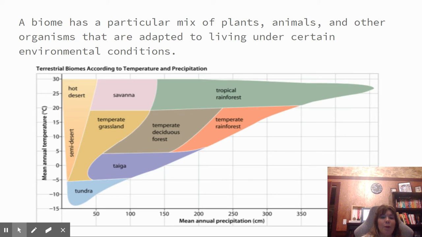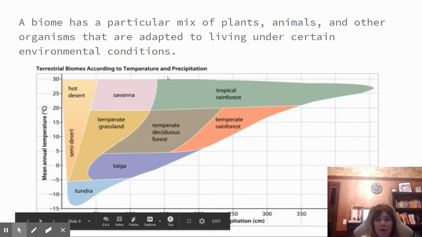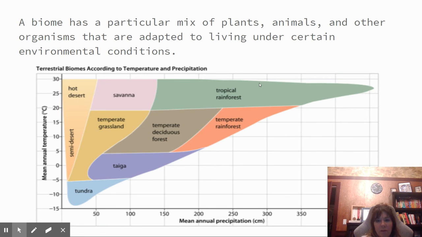How this works is the more rain that falls and the hotter it is, the more tropical rainforest you're going to see. You can see that here on the graph. Large amounts of water, very high temperatures. The tropical rainforest is a biome.